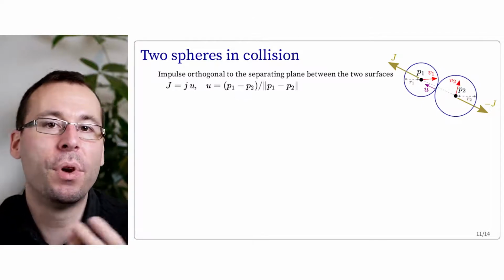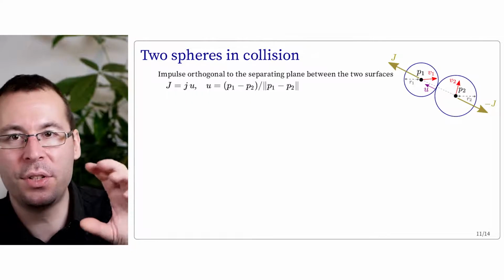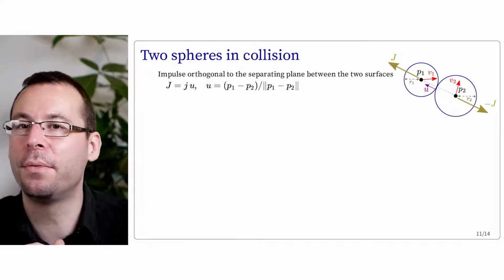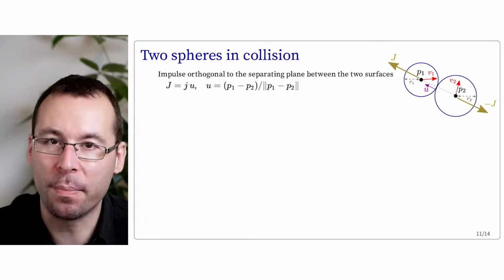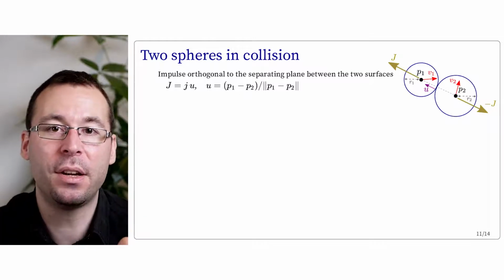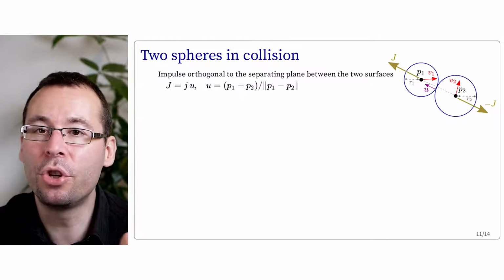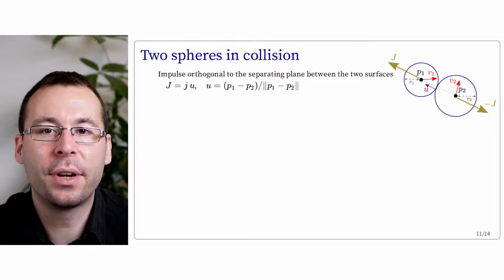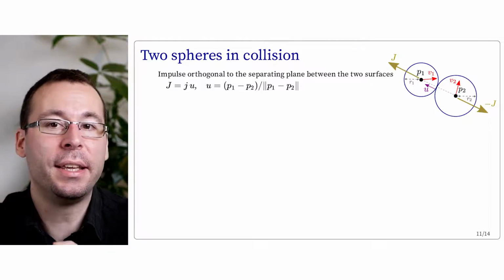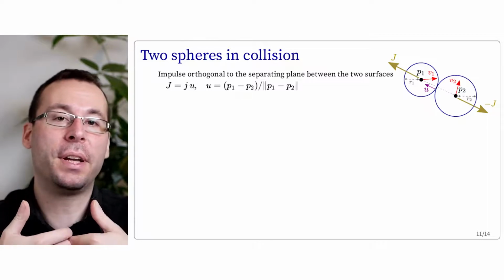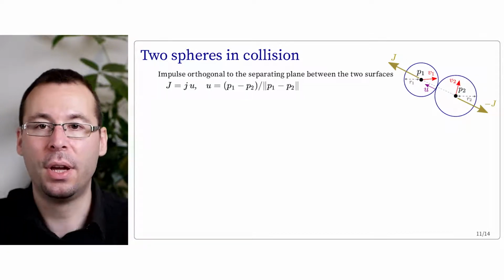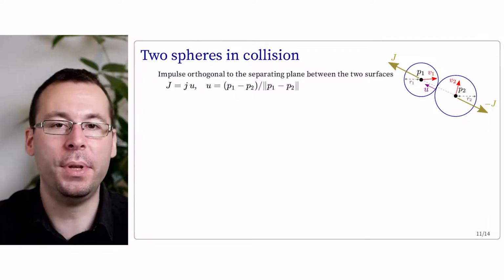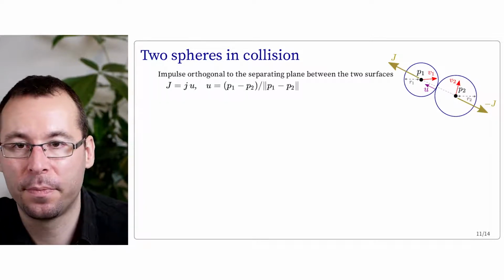Note that if we were considering actually rigid bodies with friction and a given angular velocity, the problem would be more complex. But in the case of particles, there is not the notion of rotation of the particles. So as the reaction forces are only taking place in the direction defined by the vector p1 to p2, the impulse will also be oriented along this direction.